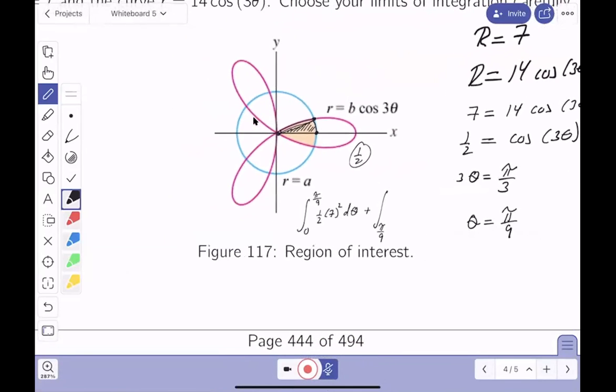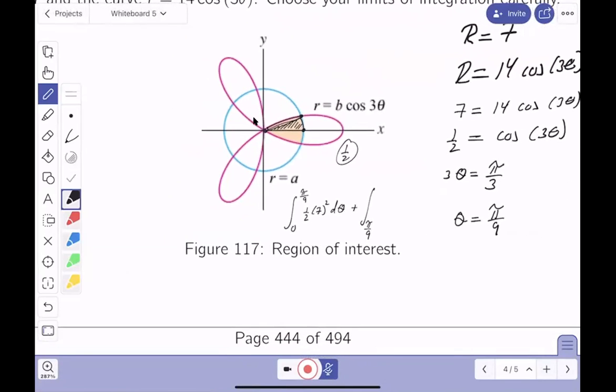It means r would be 0, right? 14 cosine 3 theta equals 0, which means cosine of 3 theta would equal 0. Now, when does the cosine first become 0? At pi over 2. So 3 theta would have to be pi over 2. So what number do I get there? Pi over 6.